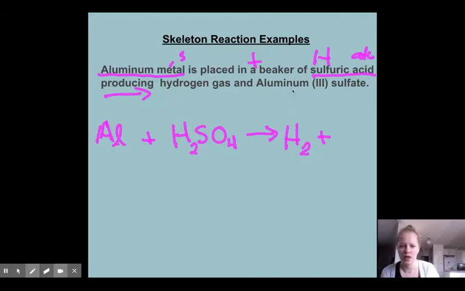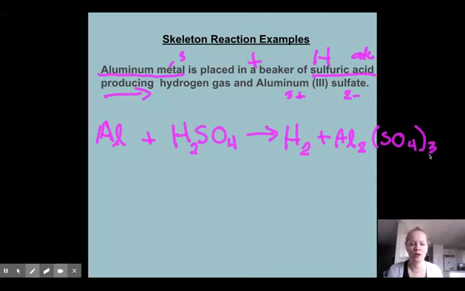Aluminum is Al, charge of 3 positive. Sulfate is 2 negative, so I need to balance this. So Al2, and I need 3 of these. Because I need more than one polyatomic, I need to put brackets around it.